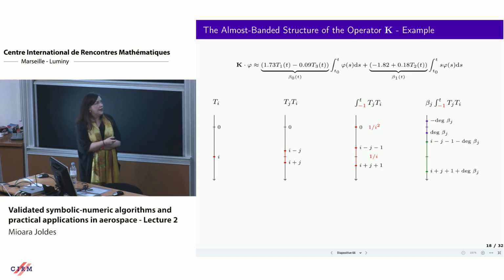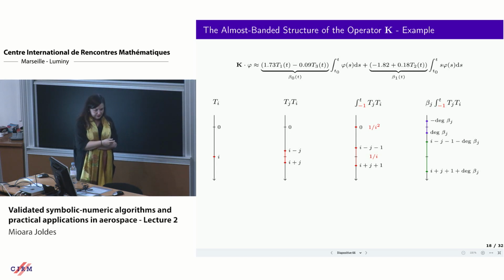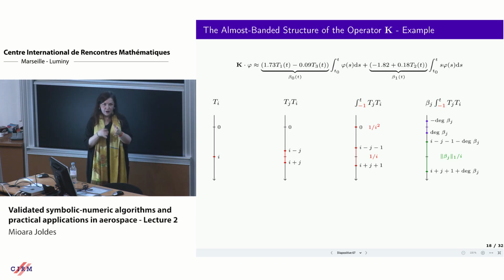Then when I also multiply with a polynomial b_j, it is the analogous of the same operator, and I can also bound the coefficients obtained by integrating this and multiplying by the polynomial b_j. So it's nice: once I apply my integrator map, I can have bounds on the tail of the series.